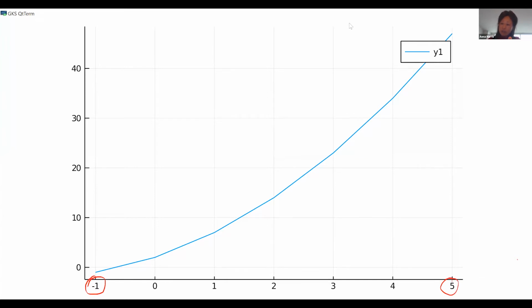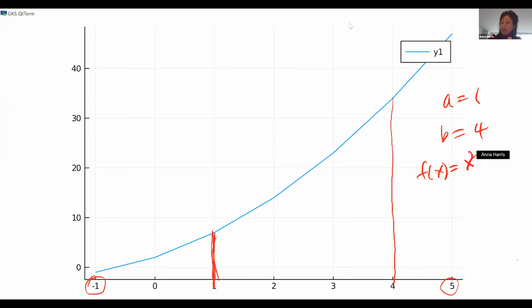Say I want to find my area between 1 and 4. So I'm going to call my a equal to 1, my b equal to 4. And then my function is this.